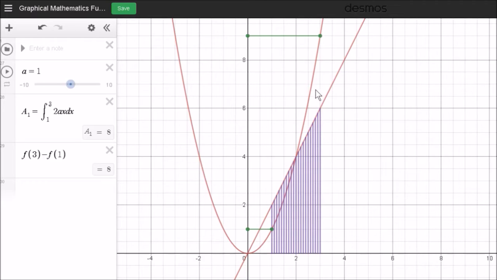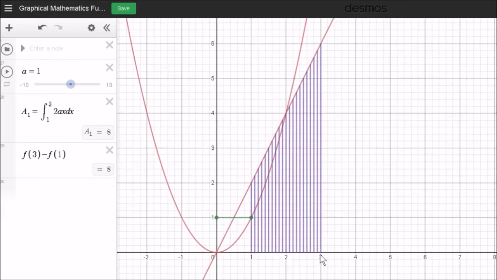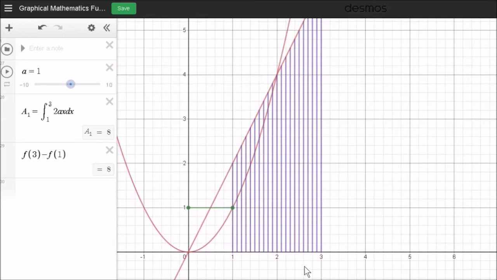But we also know now that this original curve also tells us something about this line. It tells us the area underneath the line. And we know that the area underneath the line is the value of this function at the end point of the area. So if we go to the end point of the area here, it's going to be 3, so between 1 and 3.